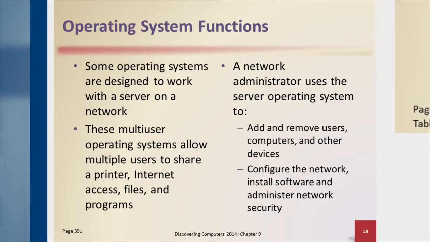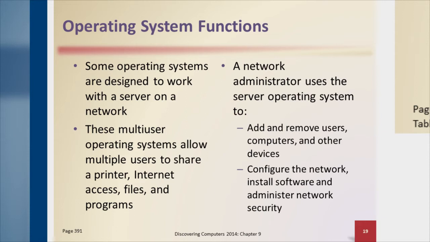Other operating system functions. Some operating systems are designed to work with a server on a network. This is a client-server environment. The reality is any device on a network can be a server, and any device on a network can be a client. The idea is not so much the type of operating system or the specific operating system that we have, but rather what you're doing with it.